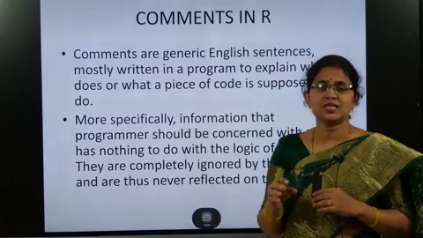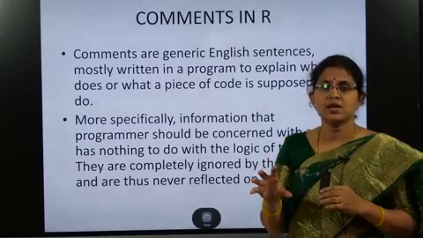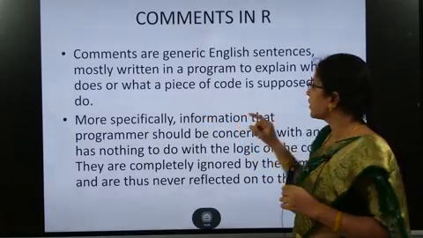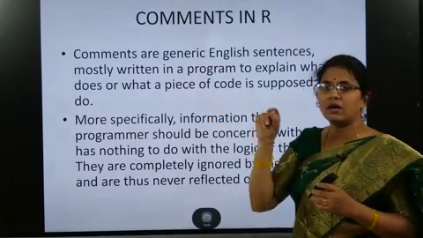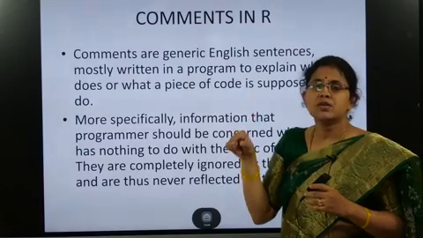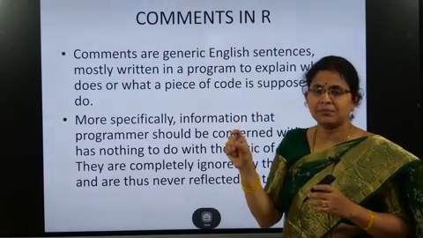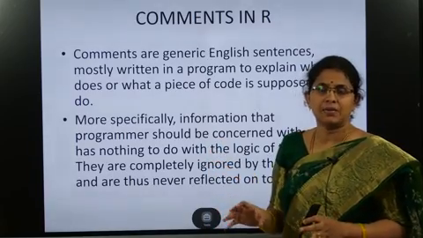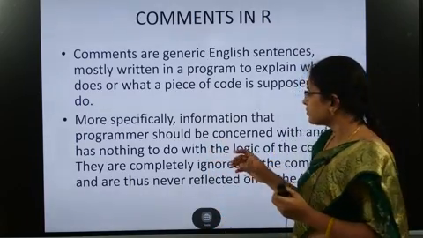So in such cases, what the developers do in R is simply put a hash symbol. By using that hash symbol, you can comment on what the program is about.